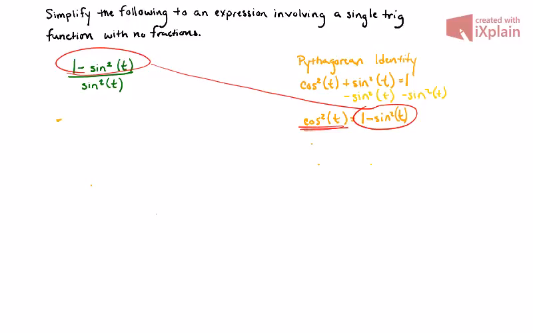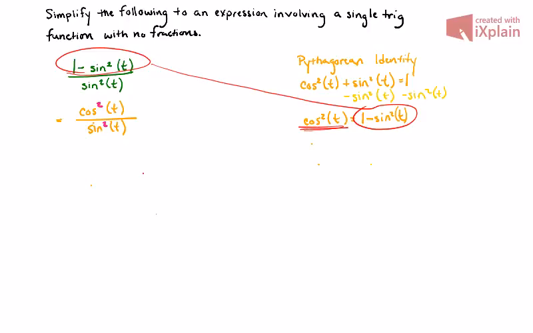So I'm going to go ahead and rewrite and say that I have the cosine squared of t all over the sine squared of t. So at this point, go ahead and take a look at the ratio. I have a cosine in the numerator and I have a sine in the denominator. Never mind that you do have these squareds here. They just will kind of naturally follow into your final work.